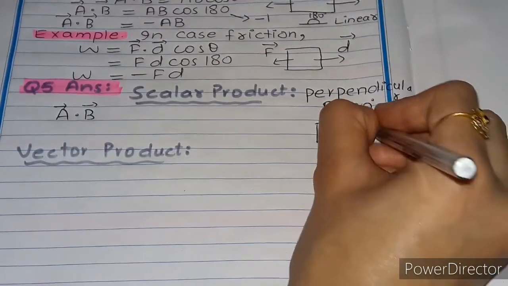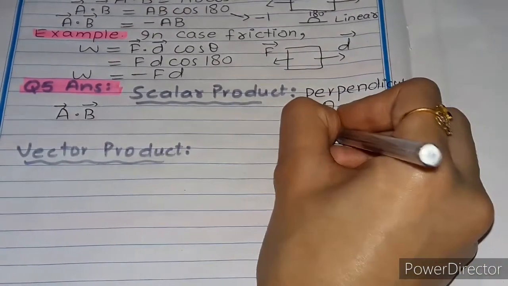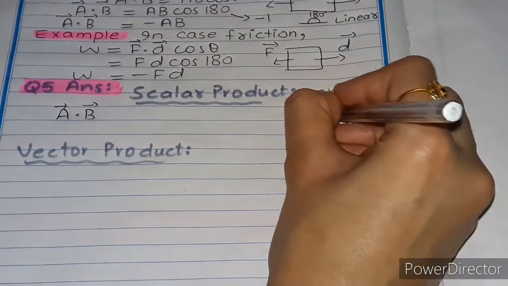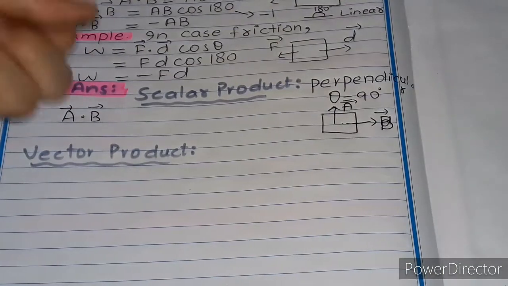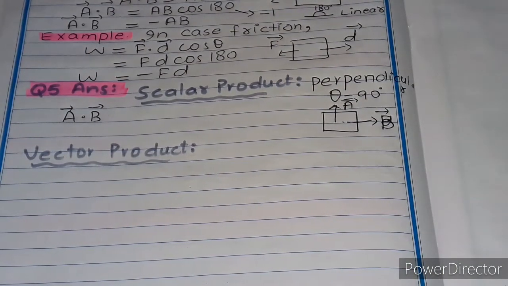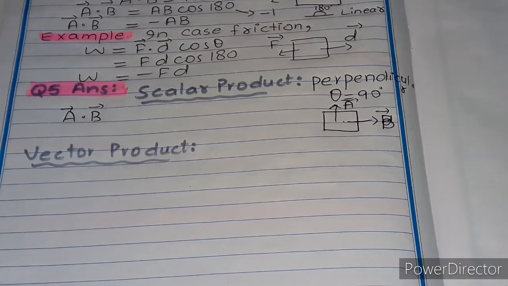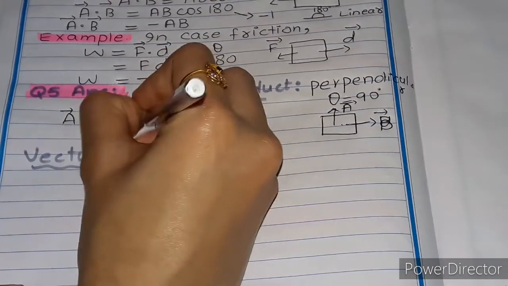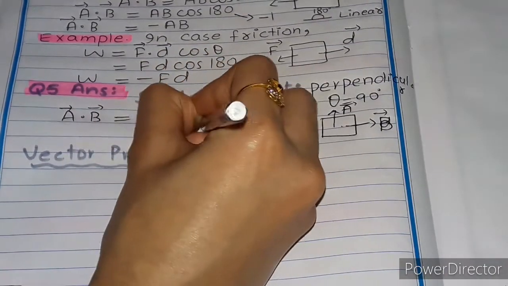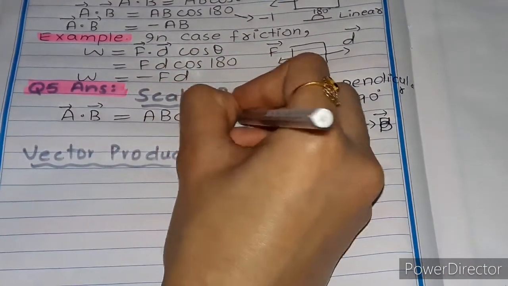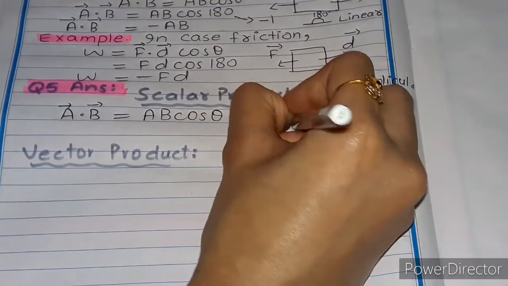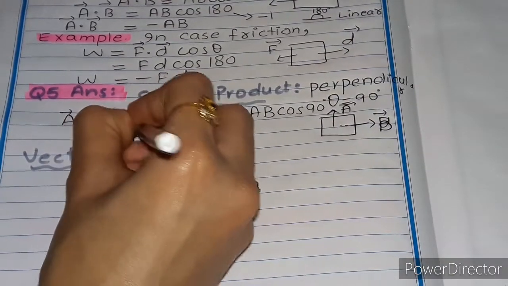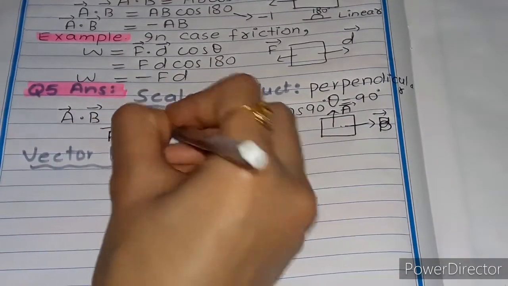This B vector is in this direction and A vector is moving up. So if you pick up a basket and move in the forward direction, this is the example of scalar product when it is 0. So AB cos theta is AB cos 90 degree, and cos 90 degree is 0, so it is 0.